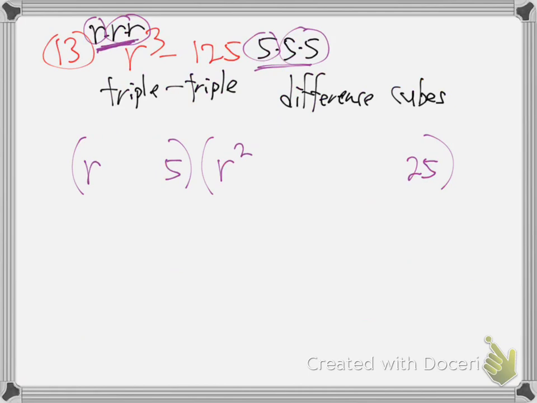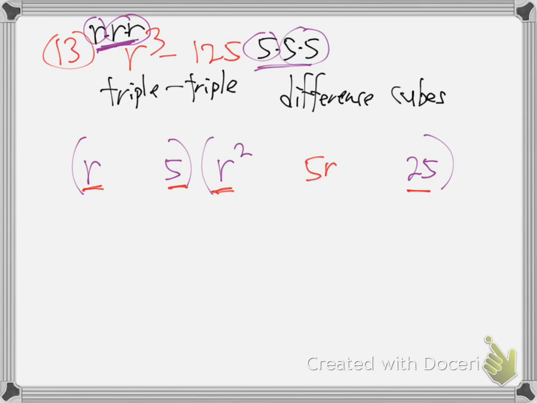All right, let's go back and finish this one up then. So 1 left, 1 right, 2 left, 2 right, 1 of each in the middle: r, 5. See how I went? 1 left, 1 right, 2 left, 2 right, 1 of each in the middle comes r, r, r, 5, 5, 5.